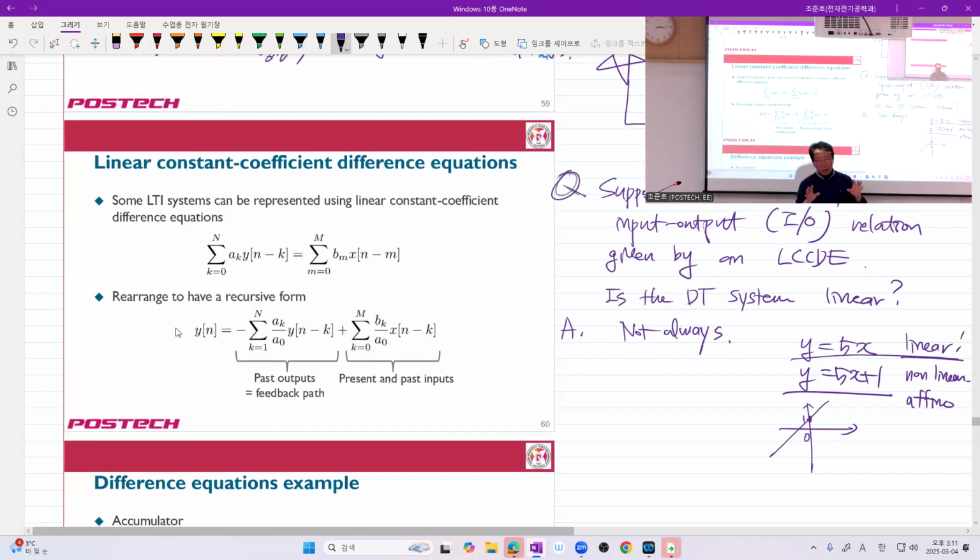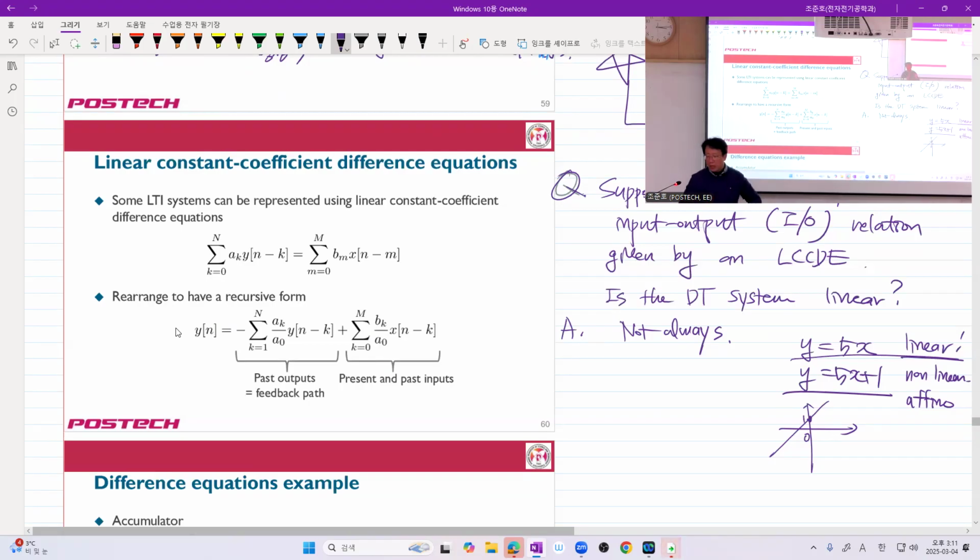Even though we are given an input-output relation of a DT system in terms of a linear constant coefficient difference equation, depending on the initial condition, you may have non-zero output to zero input. So it's not linear. Got it?